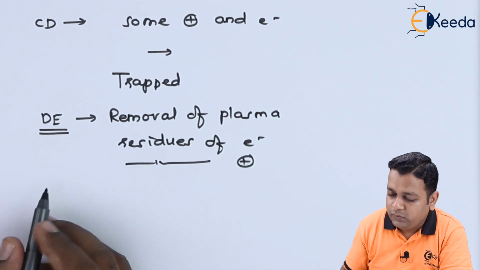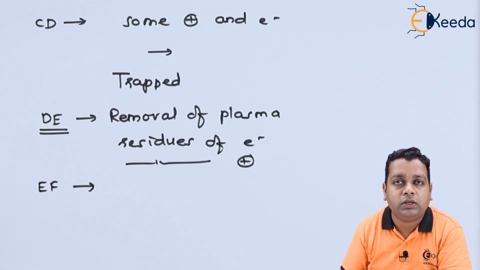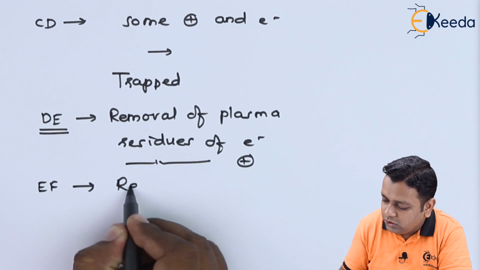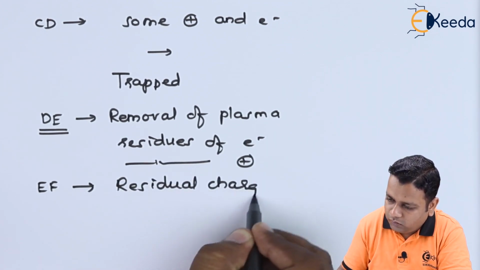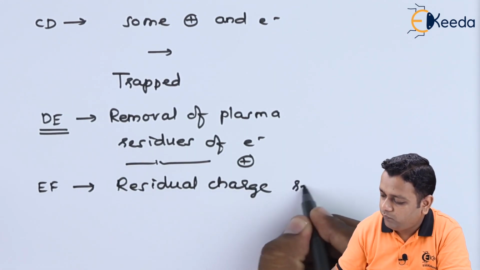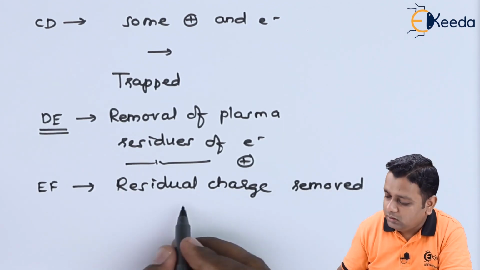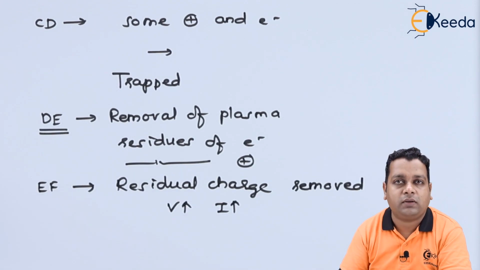After point E, there will be the curve segment E to F. In the curve segment E to F, the residual charge has been completely removed, while we have an increase in the voltage or the current, you can take.